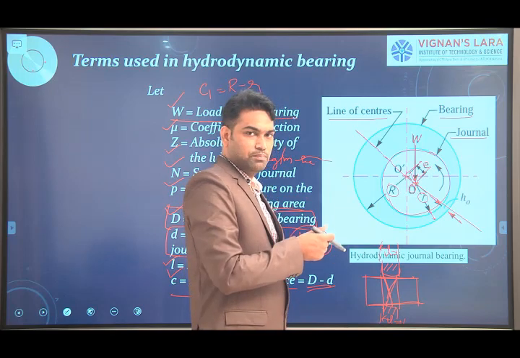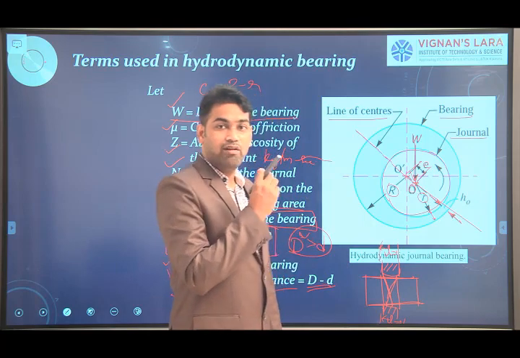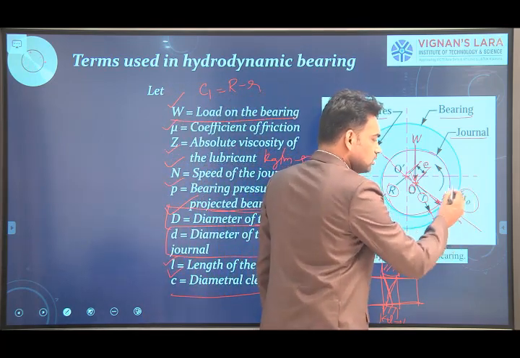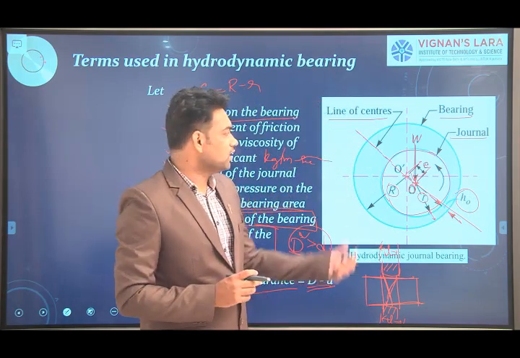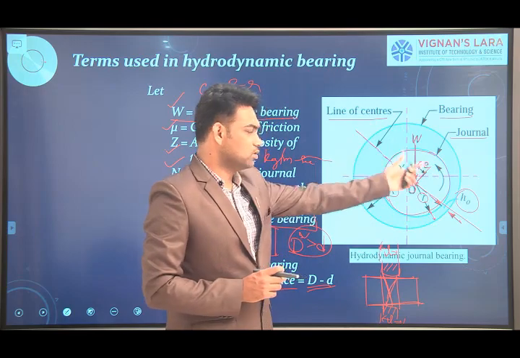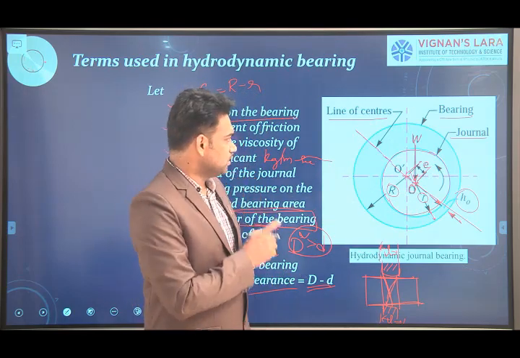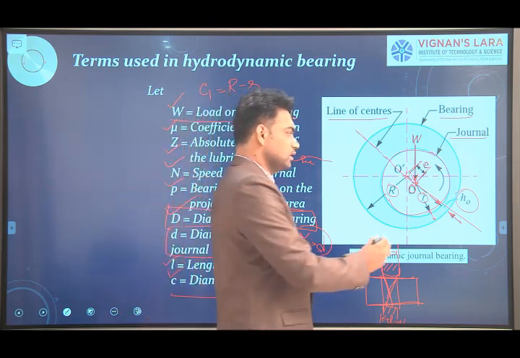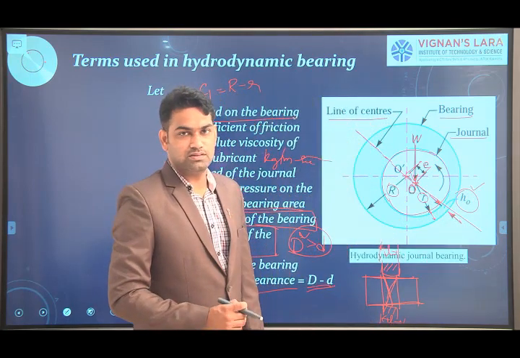Whatever the gap is, you can observe the clearance under the full load condition along the line of centers. The oil film is there throughout the circumference, but under load, along the line of action, the oil film thickness is minimum, and that is denoted by H0. That is what we call the minimum oil film thickness.